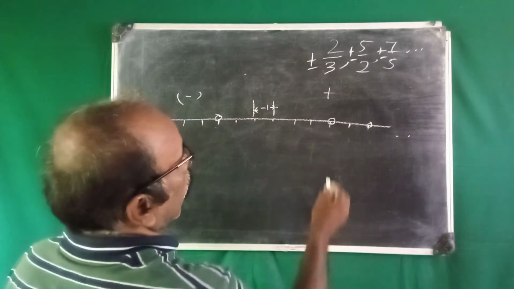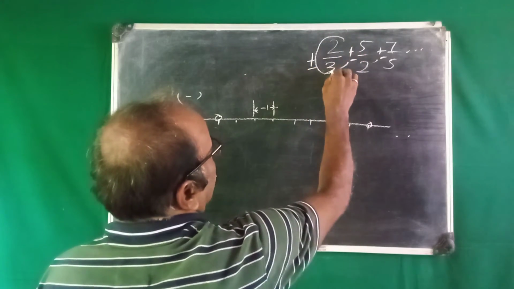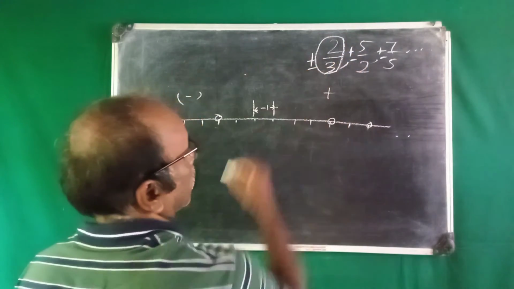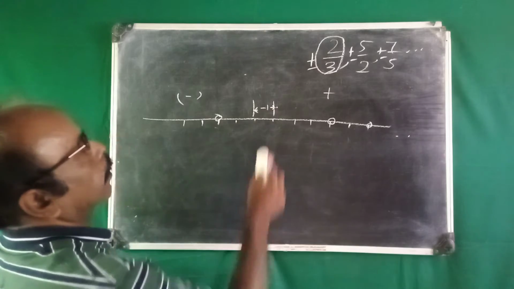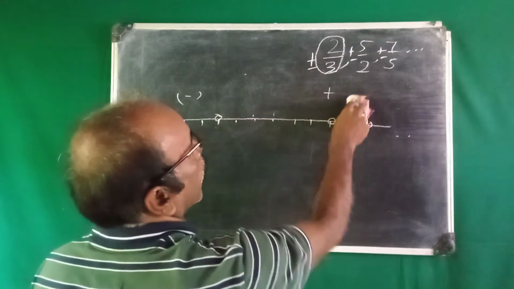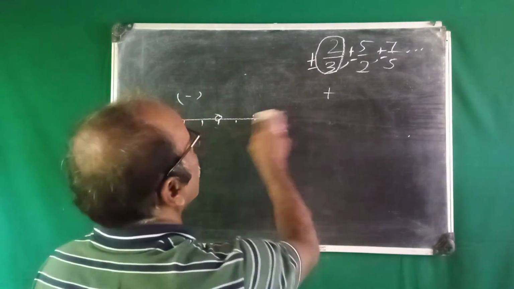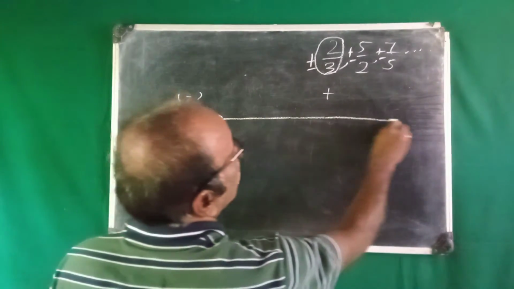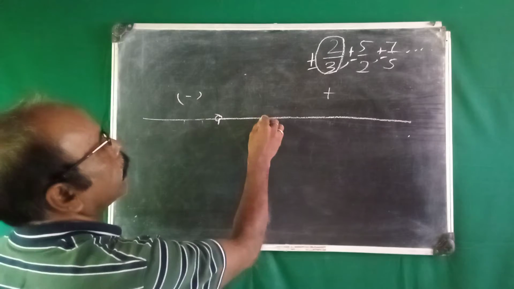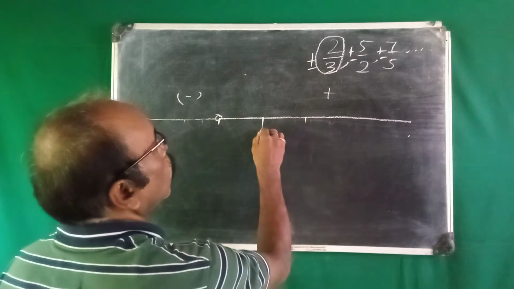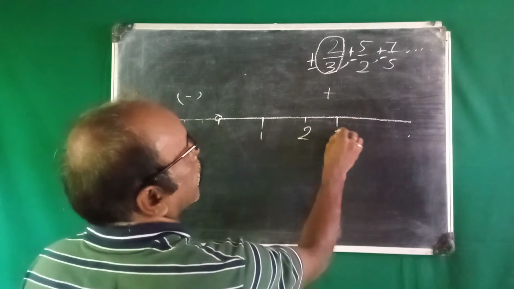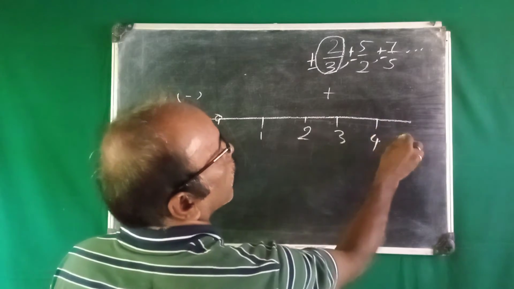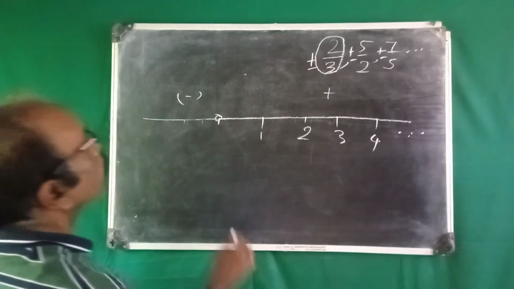Here we first put this on the number line. We mark the number line as the previous time. This is 1, this is 2, this is 3, this is 4, and so on.